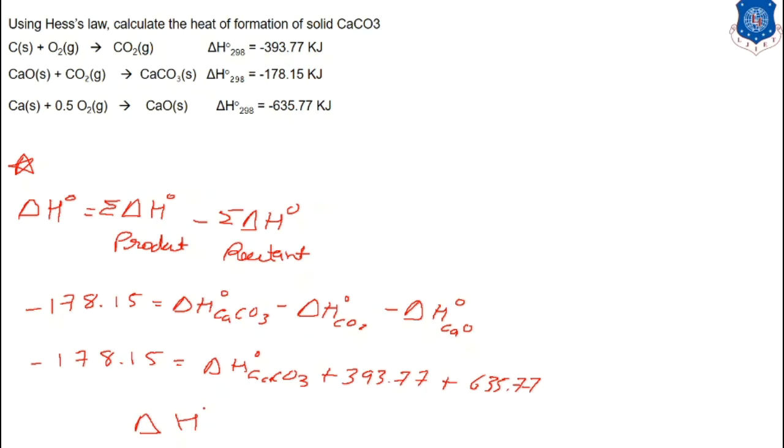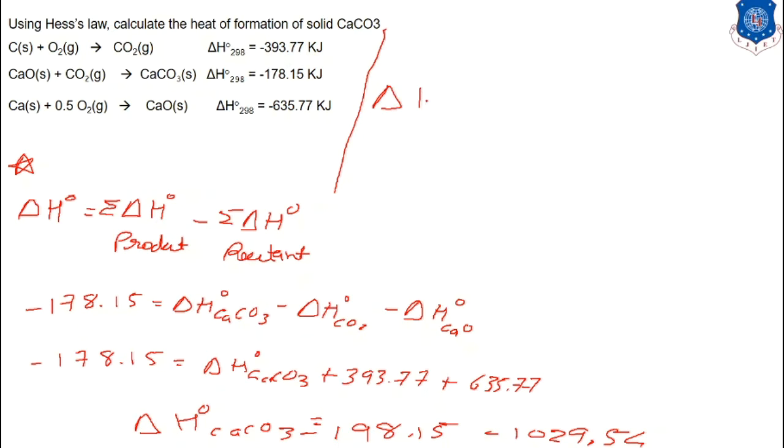Now rearranging this equation, we get delta H naught of CaCO3 is equal to minus 178.15 minus 1029.54. By calculating this term we can get the heat of formation for CaCO3.